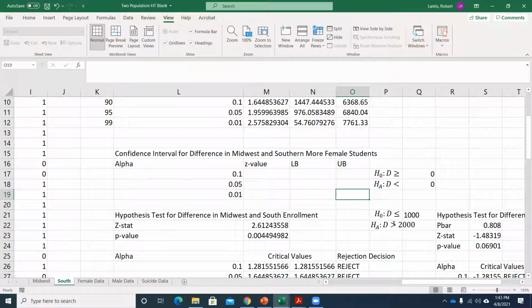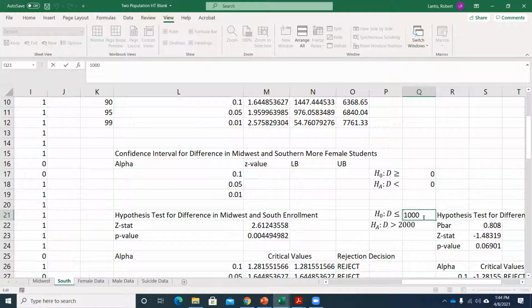I was just using that 0 value. We had a right-tailed test, so we found we can reject the null that the true difference was less than 0. But could we reject the null that the true difference is maybe less than 1,000? We're not assuming that Midwest schools just have fewer students than the South. We're assuming that they have 1,000 fewer students, right?